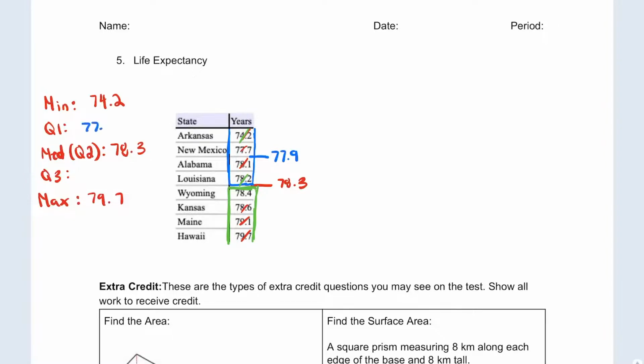So I'm going to write that for quartile 1, 77.9, and then halfway in between 78.6 and 79.1 is 78.85. Let me double check that. 78.6 plus 79.1, divide by 2. Yep, 78.85.